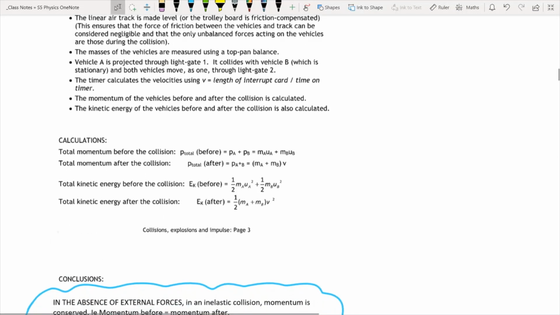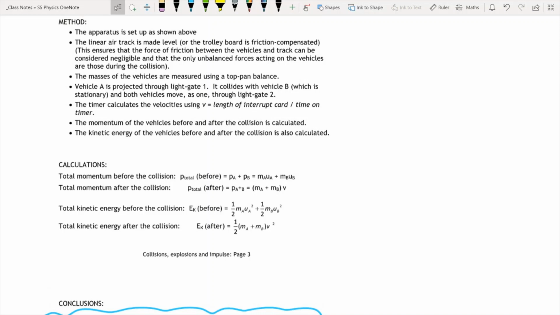So these are the sort of equations that you would use. The momentum before is the momentum of trolley A plus the momentum of trolley B. So m times u, the initial speed, for A, and m times u for B, where the initial speed for B was 0.